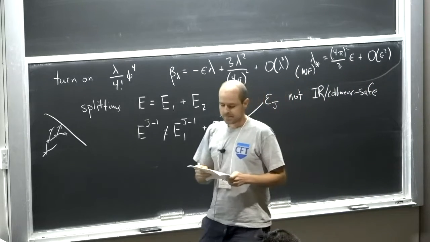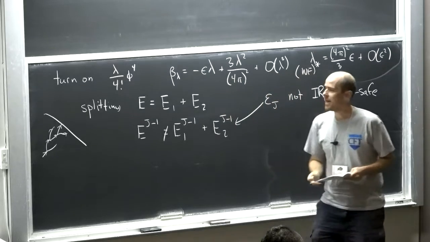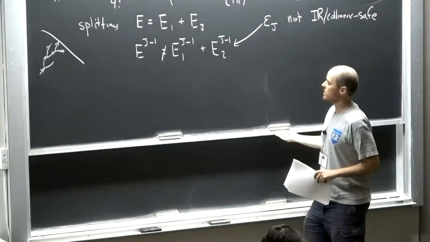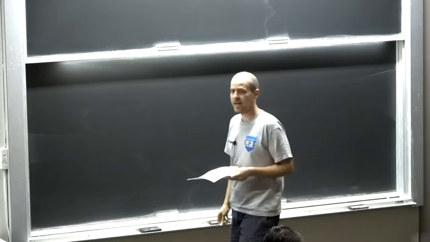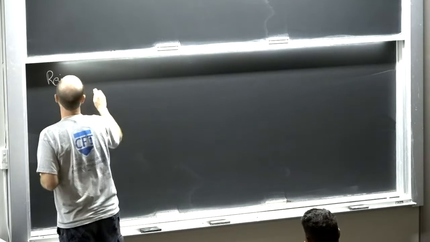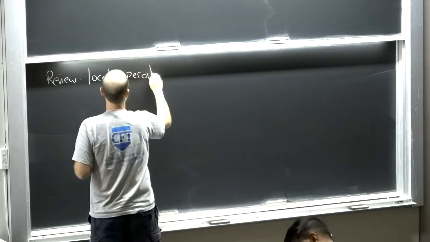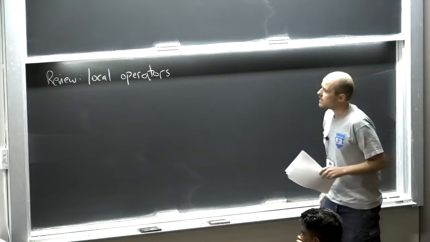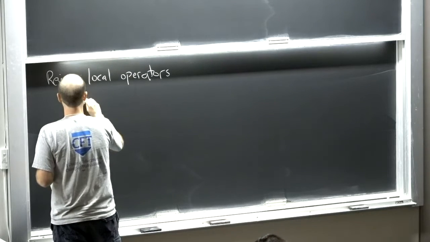So how should we make sense of these things? To think about that, I think it's useful to revisit the case of local operators, and we're going to try to draw an analogy. In a CFT, we have a nice non-perturbative definition of a local operator.